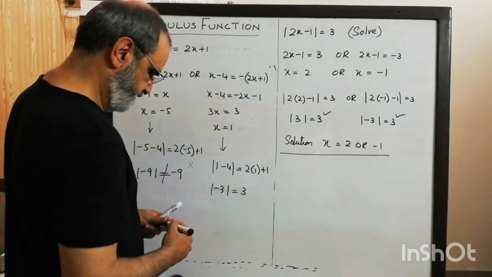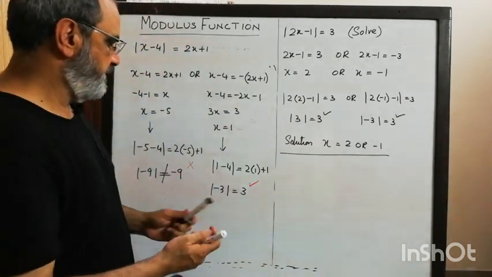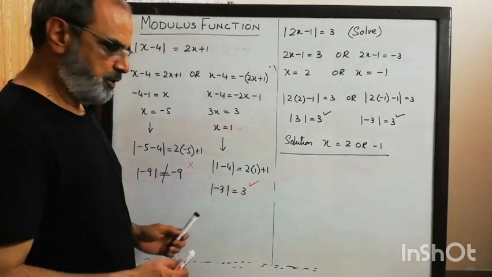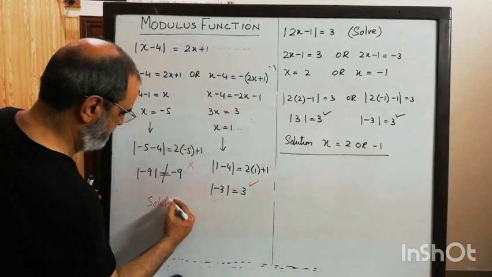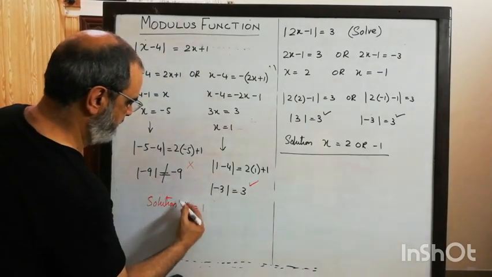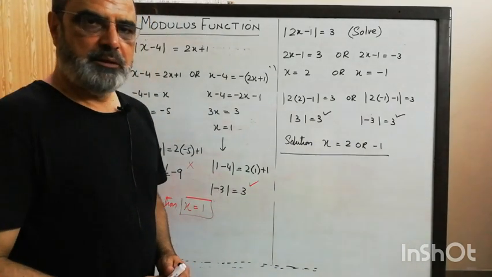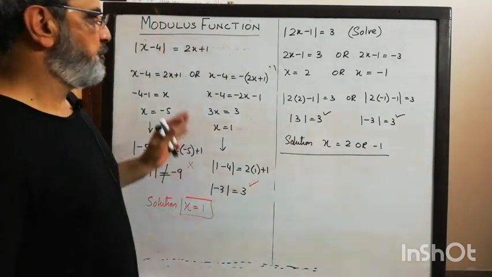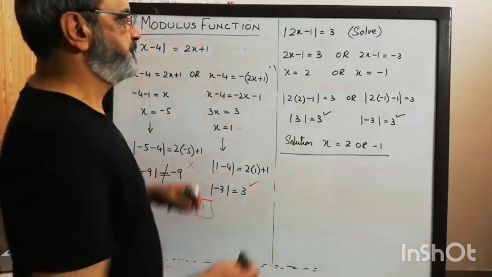It is true. Modulus of negative 3 is positive 3. So our solution is x is equal to 1. So this is our basic technique to solve the equations involving modulus.